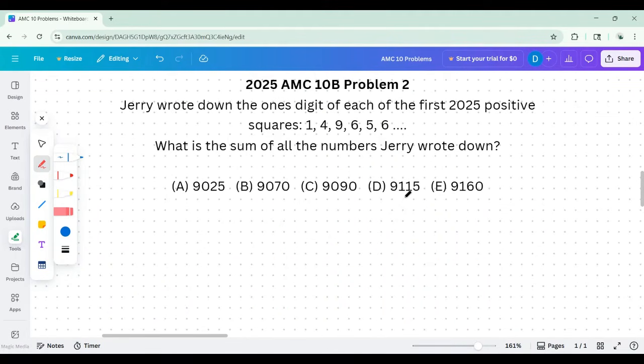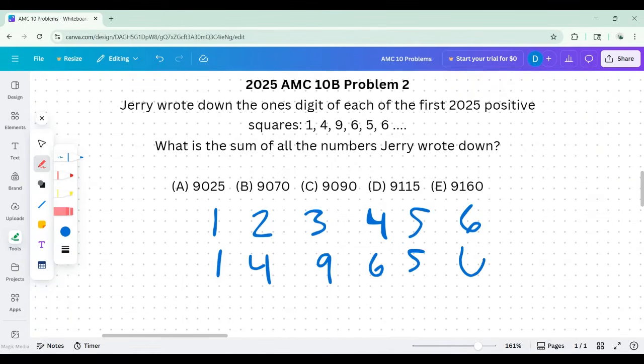We have to see some pretty crucial patterns within the set of numbers. So we have the numbers 1, 2, 3, 4, 5, 6, and the units digit of the squares of these numbers is 1, 4, 9, 6, 5, 6, as stated in the problem.